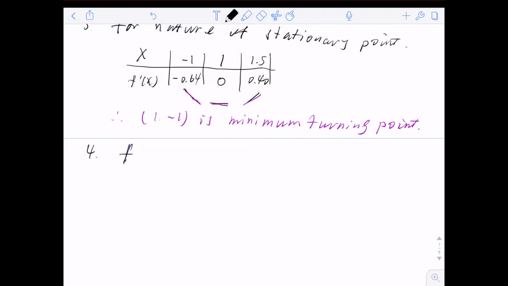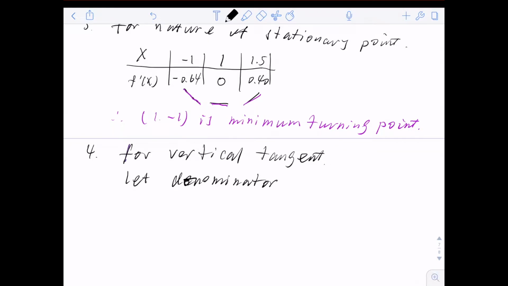So for a vertical tangent, we let the denominator of dy/dx equal to 0.